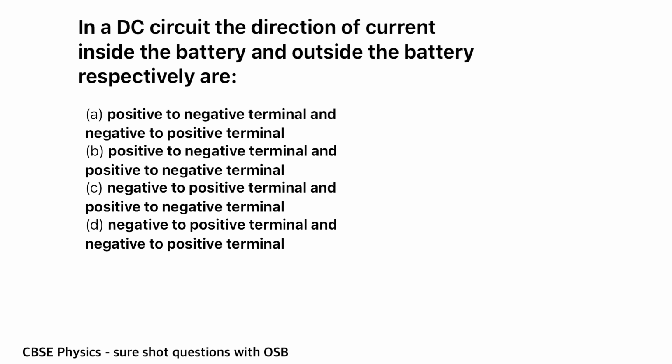In a DC circuit, the direction of current inside the battery and outside the battery respectively are: they have given 4 options. You go through that. So we have a cell here. Now it is connected to a wire of resistance R like this.